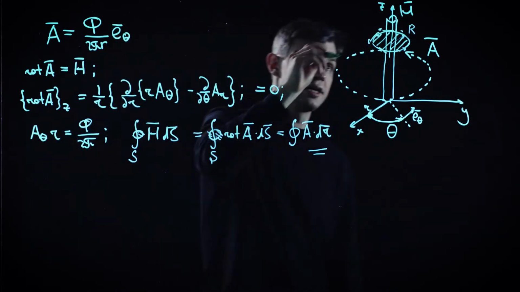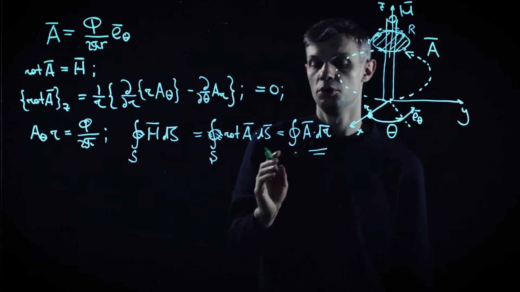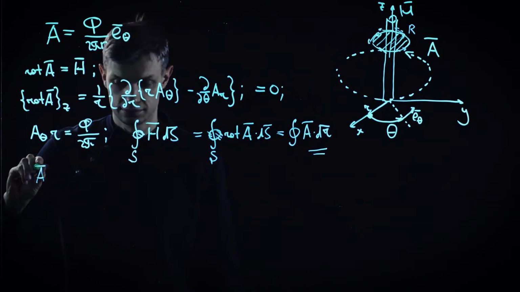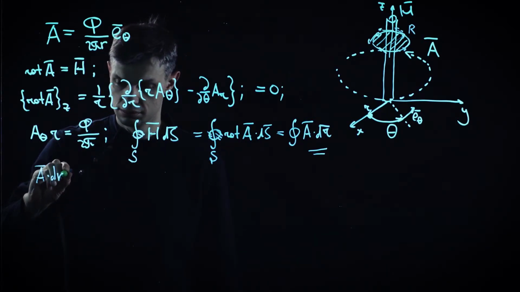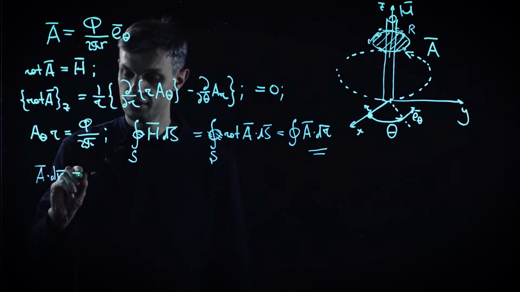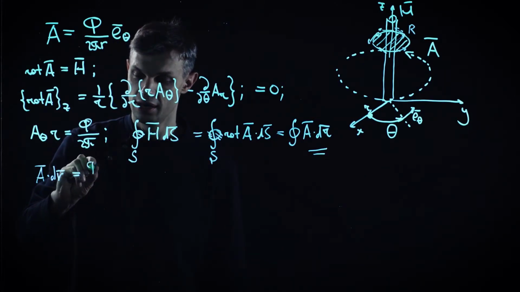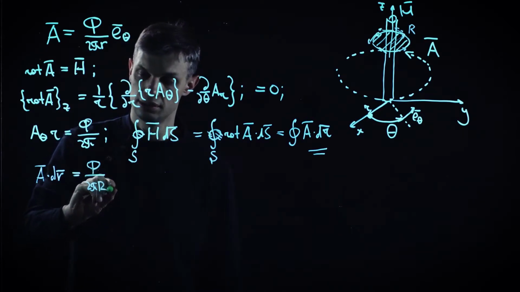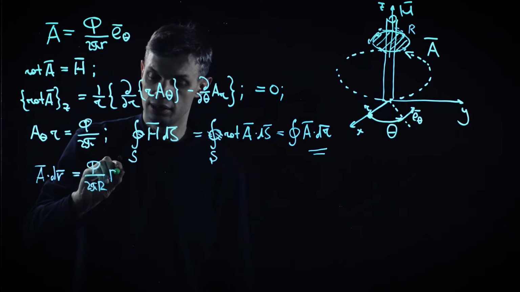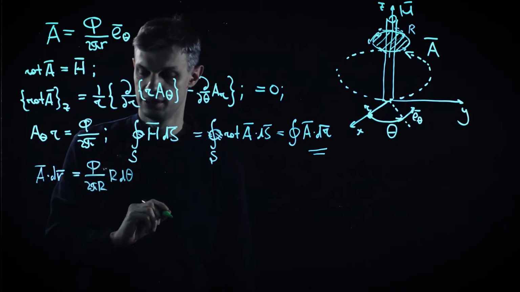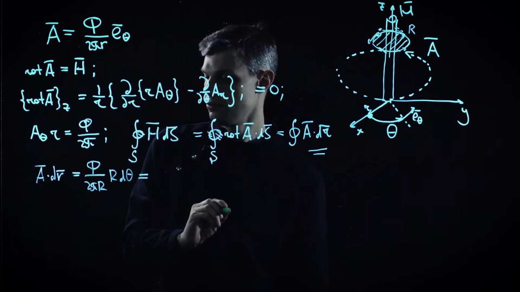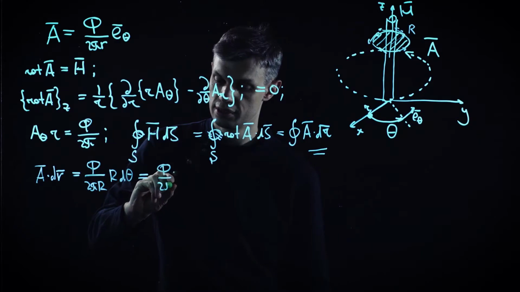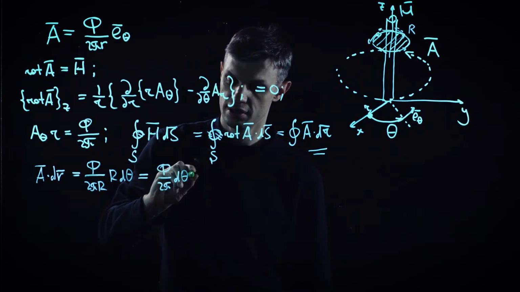Then the dr vector is always collinear with the vector A, and the scalar product is given simply by Phi over 2 pi r, and dr is simply r d theta, which gives us Phi over 2 pi d theta.